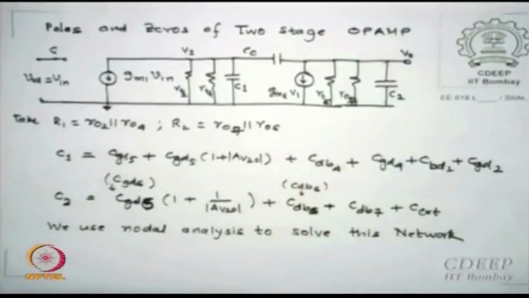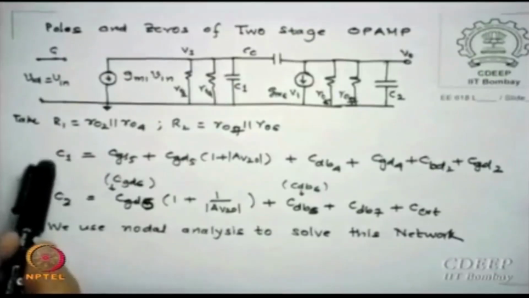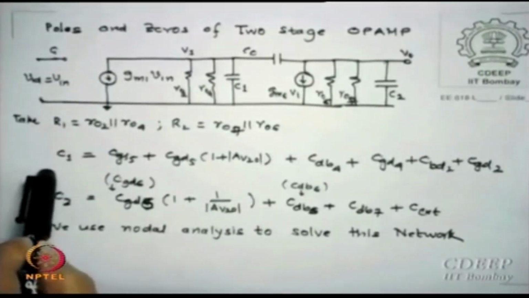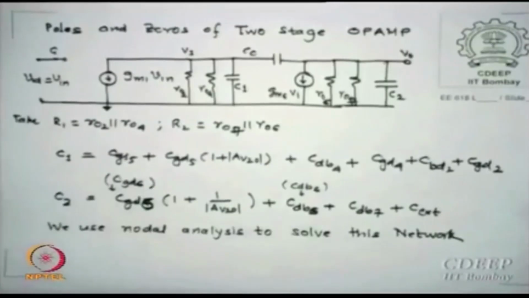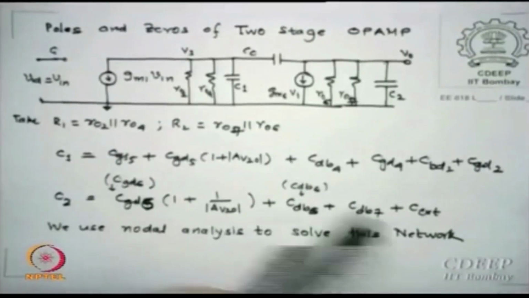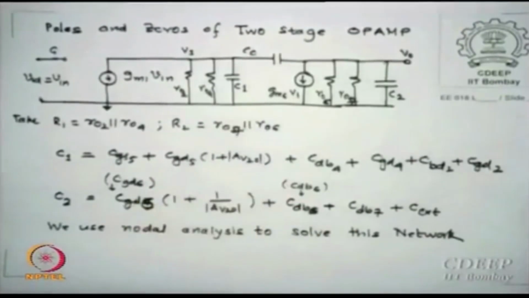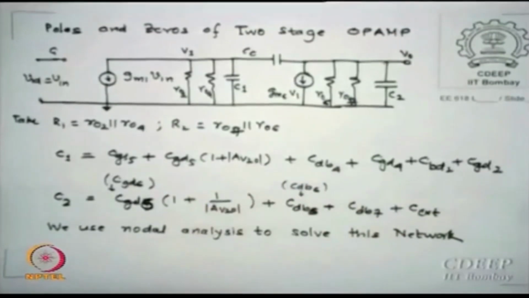This is the AC equivalent circuit of the two stage amplifier, and if I have not written last time, please write down these C1 C2 values, which means in real life once you decide the W by L's, you will have to verify whether this is reaching the C1 and C2 values. So this gain function is going to decide C1 C2 values. There is a loop here as well, adjust your C1 C2s.